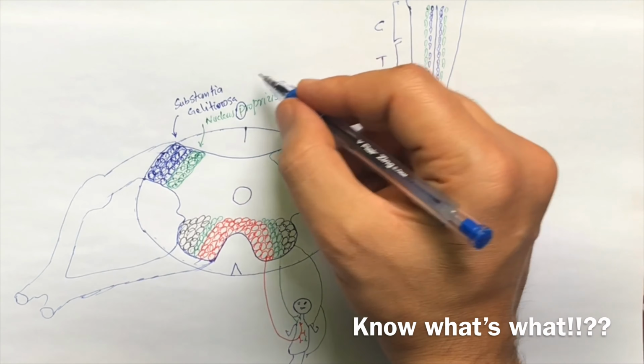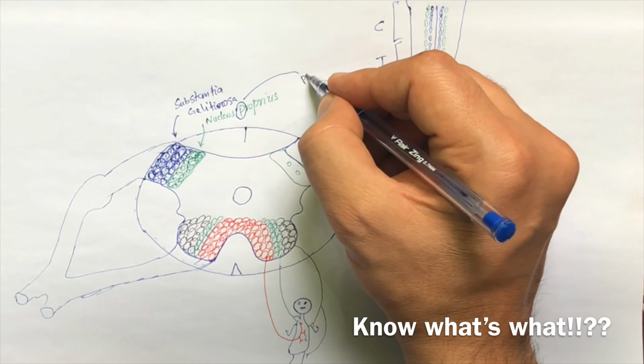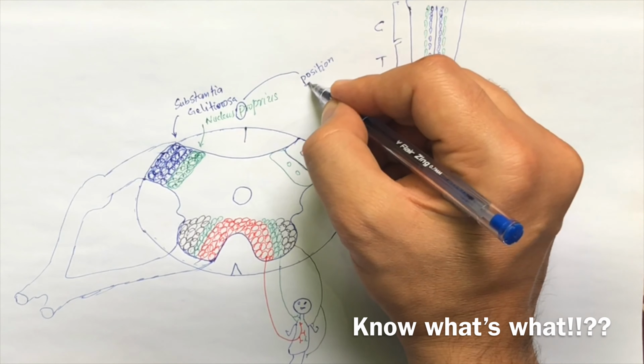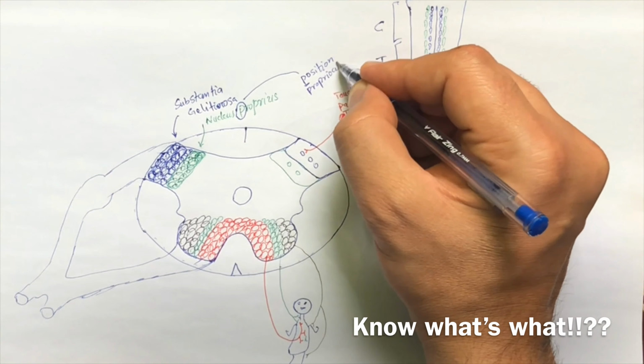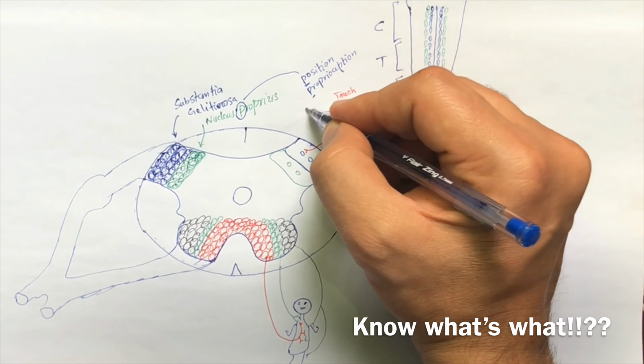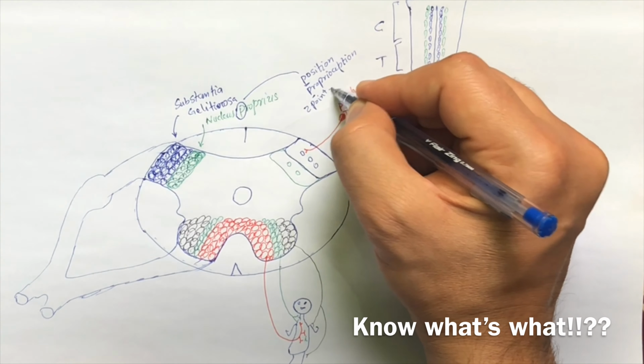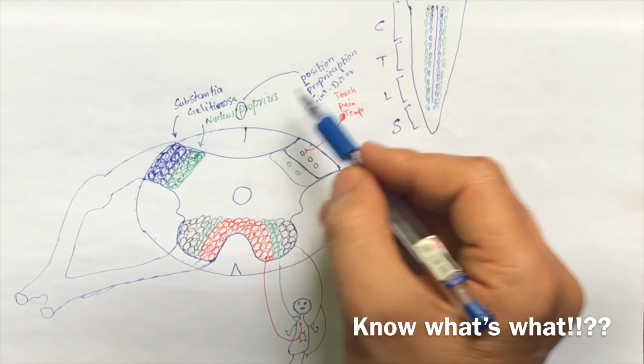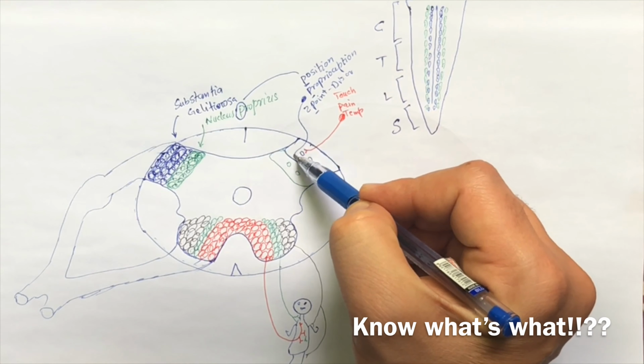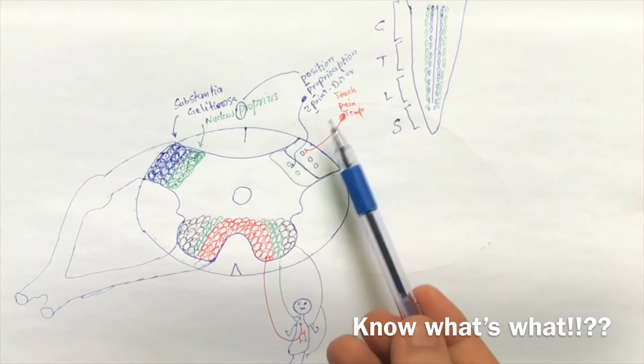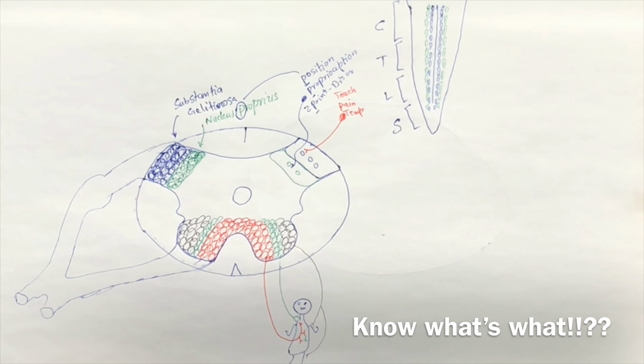Okay, so since P stands for proprius, it also stands for position, P for proprioception, and P for point, two-point discrimination. The fibers that bring these sensations will terminate in the nucleus proprius.